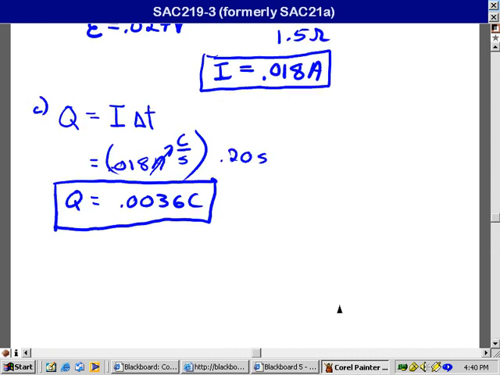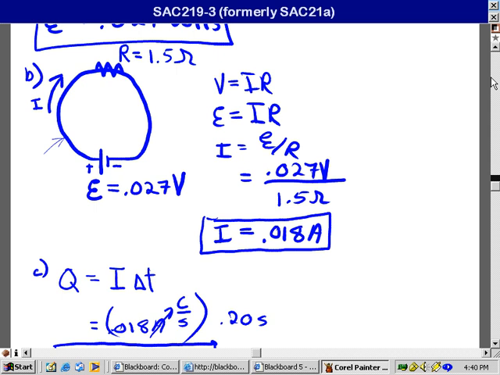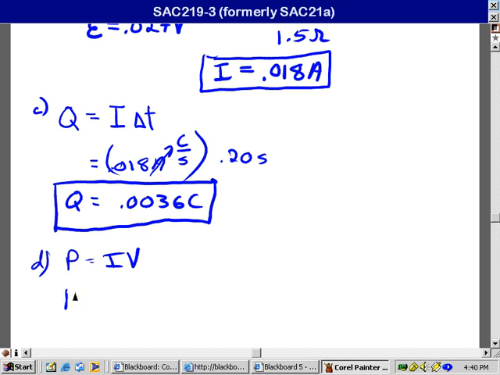So let's just copy that down as is for part D at first. P is equal to IV, and then of course the voltage across that resistor is just the script E, 0.027 volts.